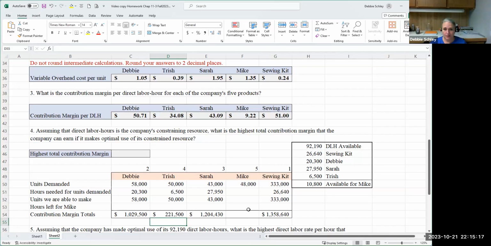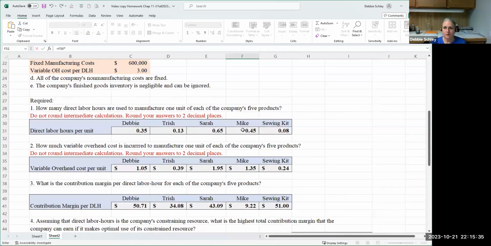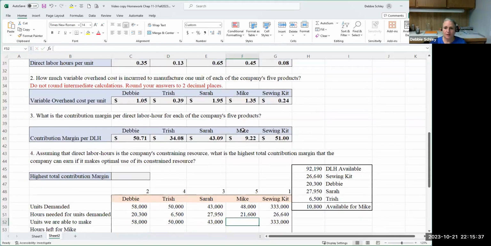Now we're to Mike. They want 48,000. Let's see. 48,000 times 0.45 for Mike equals 21,600.